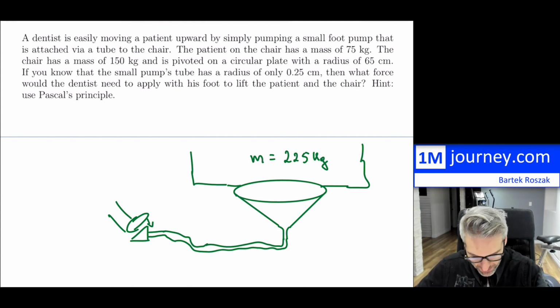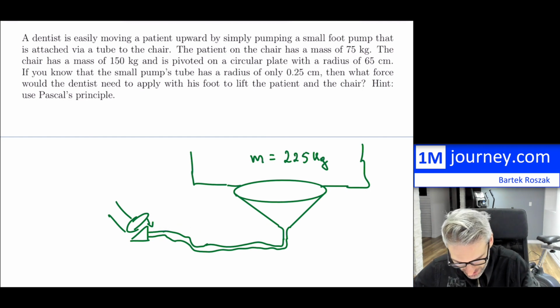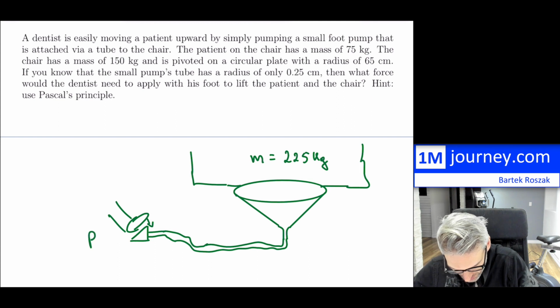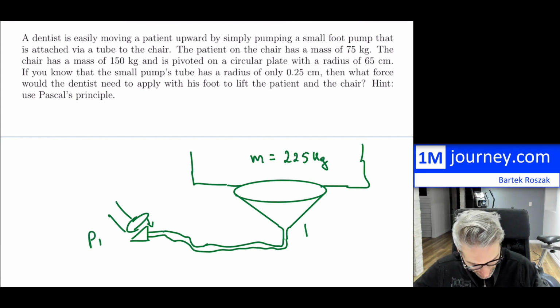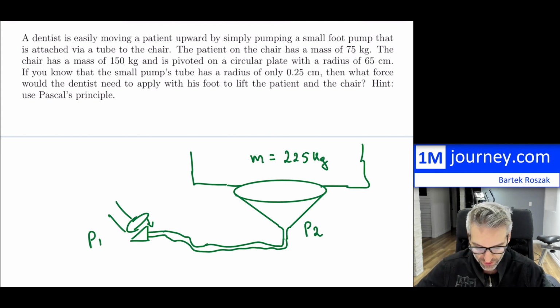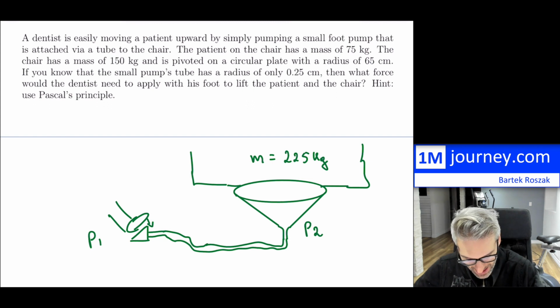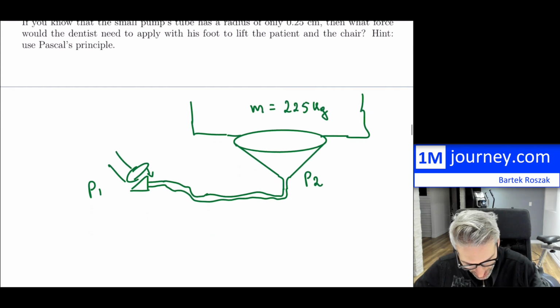Well, what's happening is that you have a fluid which is filled up, and we know that the pressure gets passed along from one side to the other. So this is pressure P1, and then we have pressure P2, which is passed along as we're going through. We have the mass, and if we have the mass, that means we know what the entire weight is.